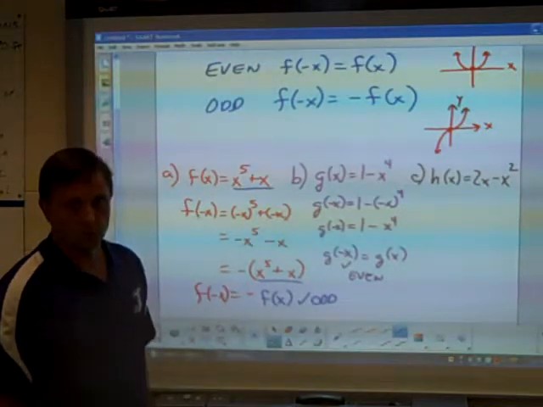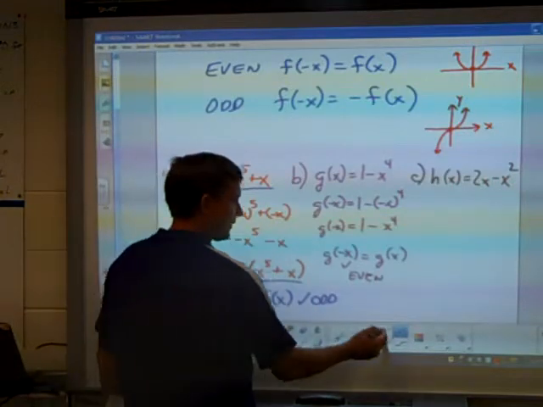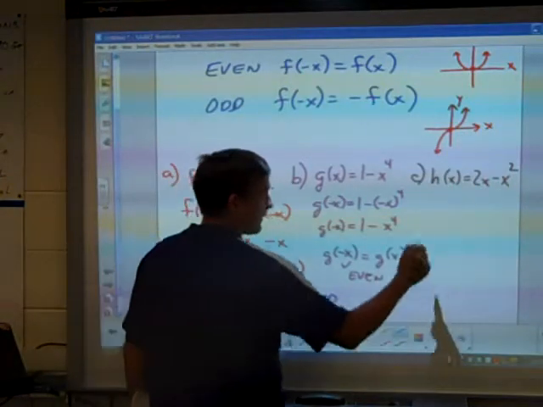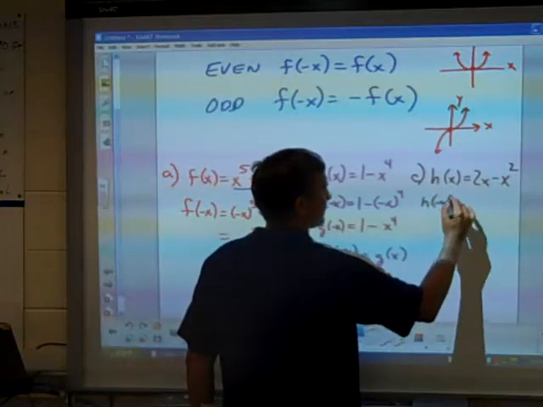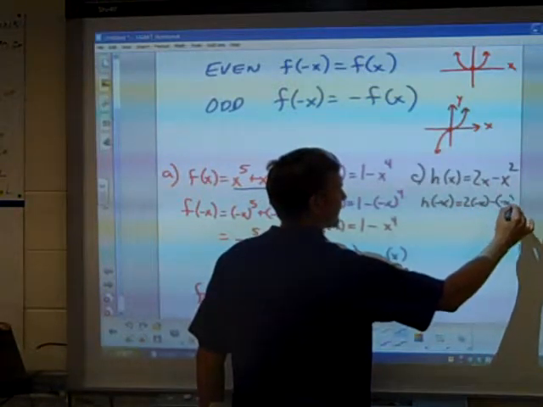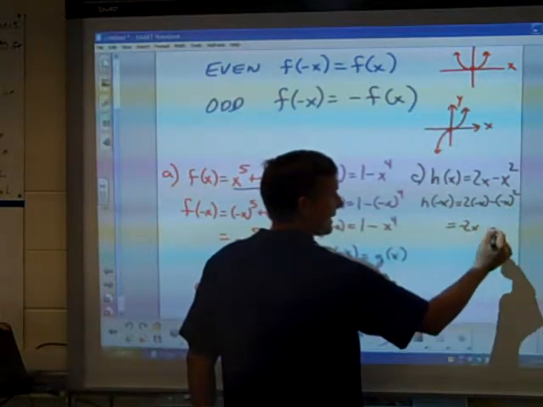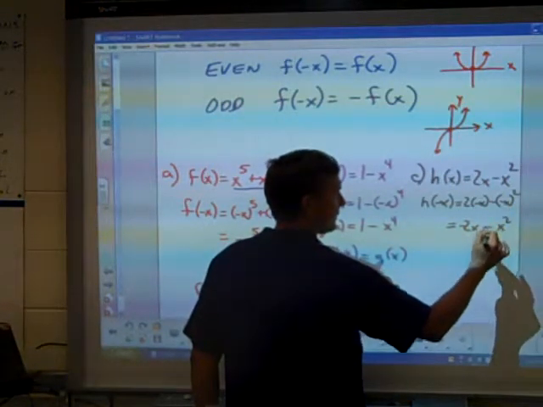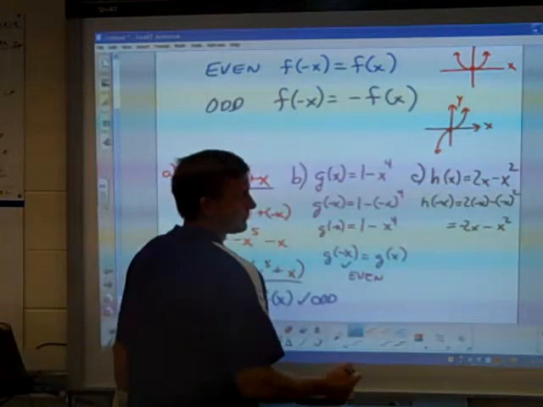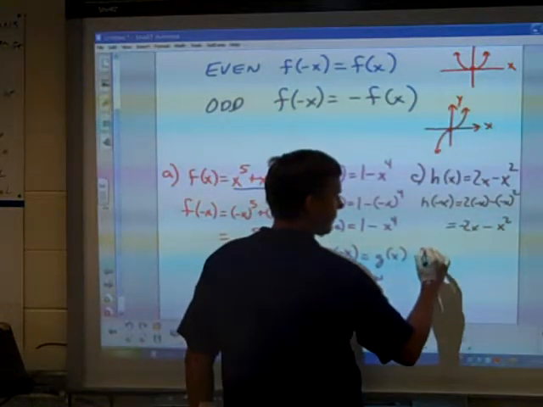Okay, what about the last one? You got a guess? When we look at it, students usually see a pattern here. I'll do it in black. h of negative x equals 2 times negative x minus negative x squared. Be very careful of order of operations. This is not positive, this is negative. Alright? So then I pull out the negative, and here's what I want you to catch.